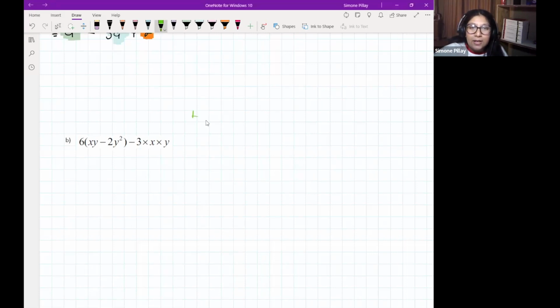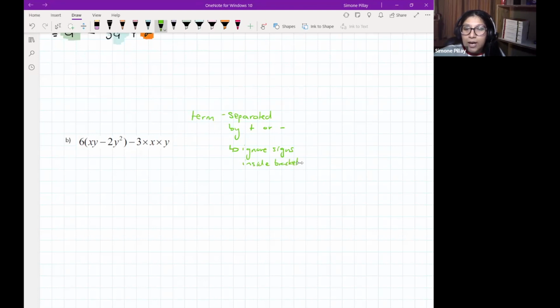When we say we're looking for a term, terms are separated by a plus sign or a minus sign. The next thing you should know is you must ignore signs that are inside brackets.